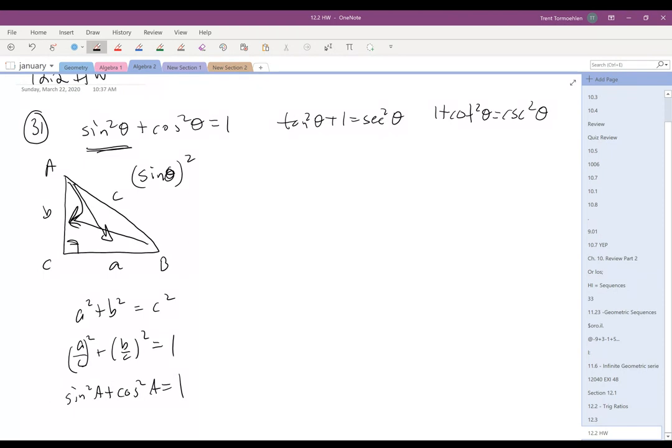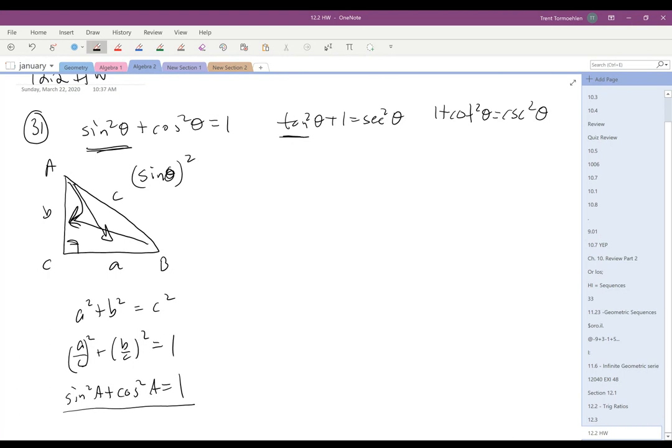Okay, well, once you establish this one, sine squared of A plus cosine squared of A, you can find the rest. Because if you have tangent squared of theta, well, tangent is sine over cosine. That was proved in your assignments.